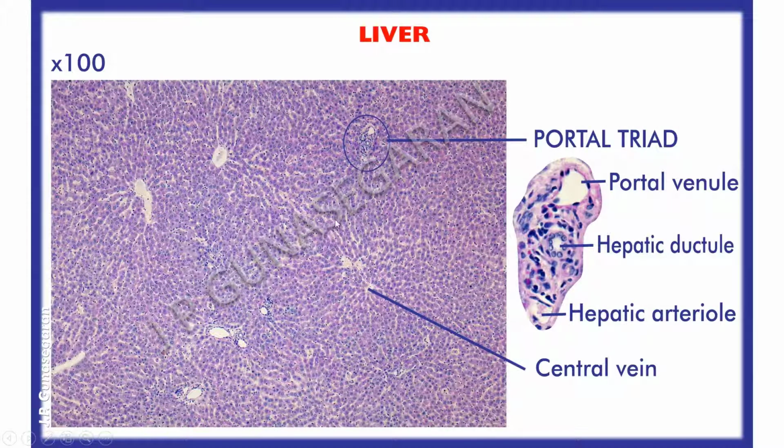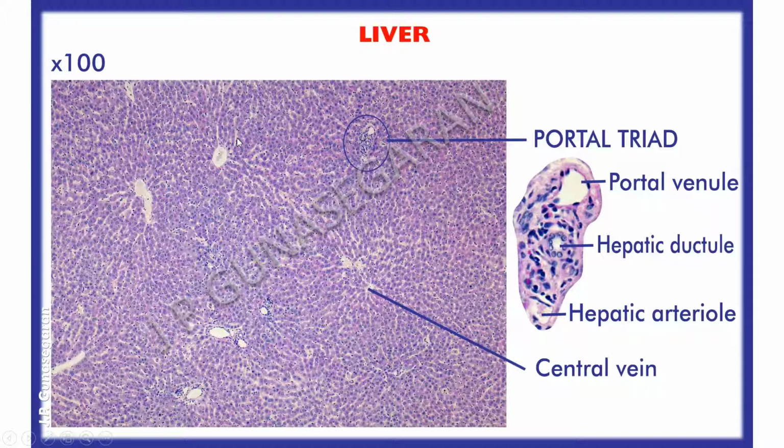This is another section of liver showing structural and functional components. The functional hepatocytes are arranged as radiating plates of 1 cell thick from the central vein. These hepatic plates or cords branch and anastomose, enclosing liver sinusoids.